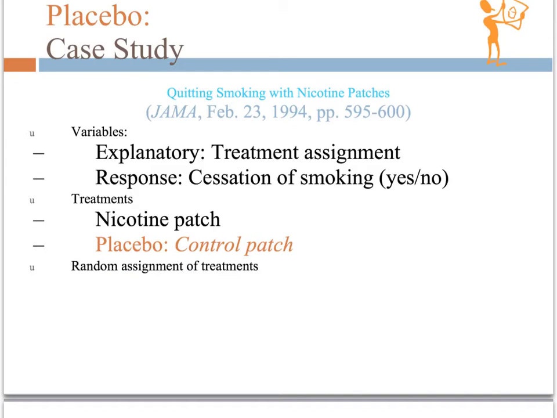And the placebo is, some people by just the power of suggestion will, in this case, quit smoking. They think they have a patch on, that's what they need to quit smoking. And so they assume that it's the patch doing the work. And if we have a group that has that control patch, then we can control for that placebo effect. We can see what the rate is of people quitting smoking with just the placebo patch.